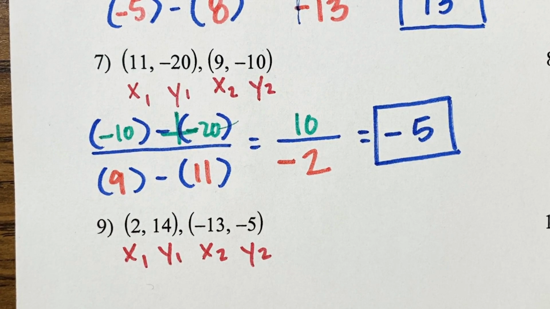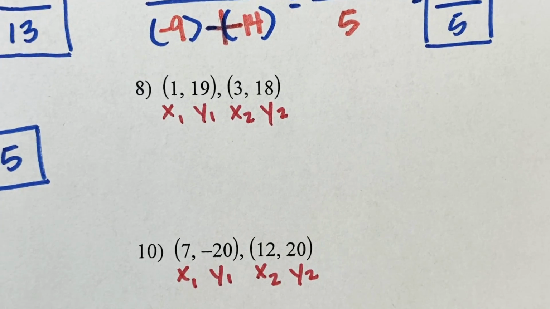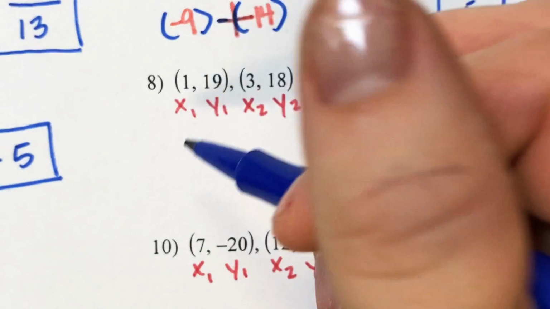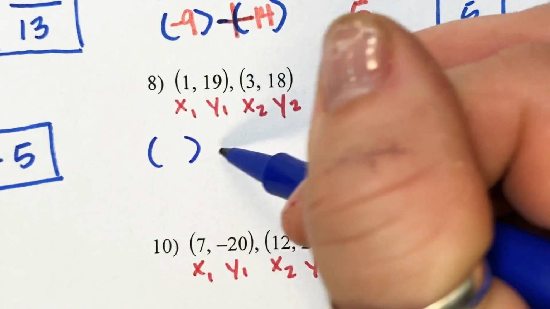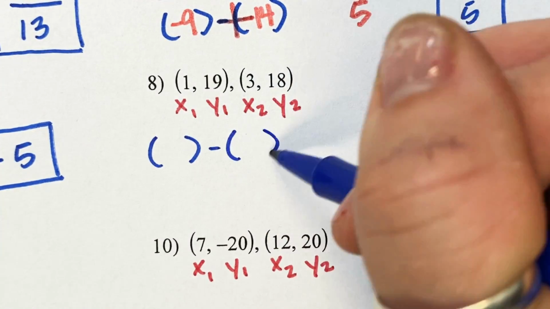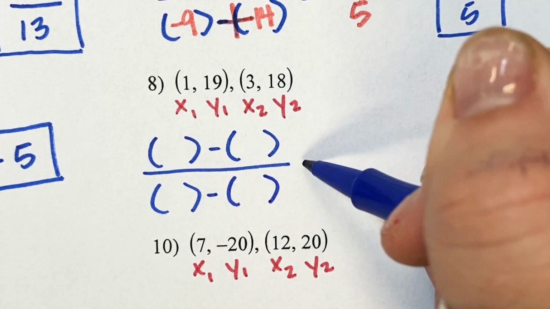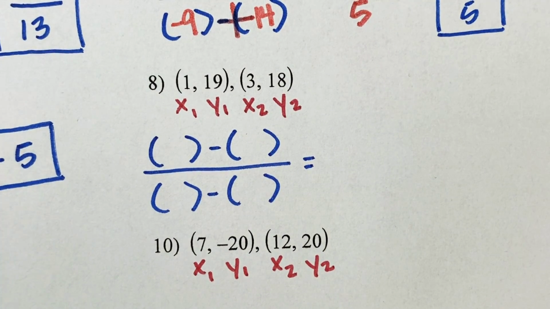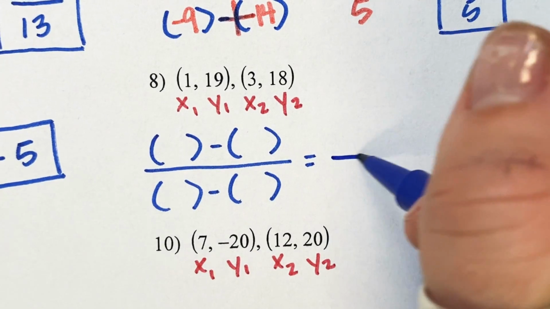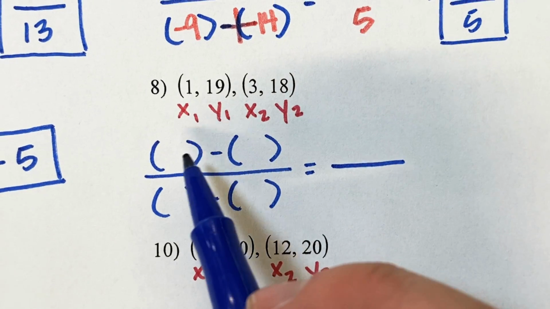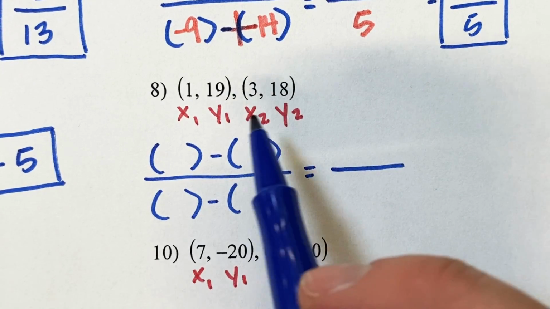Thank you. Okay, so let's do number 8. Write your formula with the blanks: y2 minus y1 over x2 minus x1. Okay, we just rewrote our formula, but instead of the actual pieces, we just put our blanks.